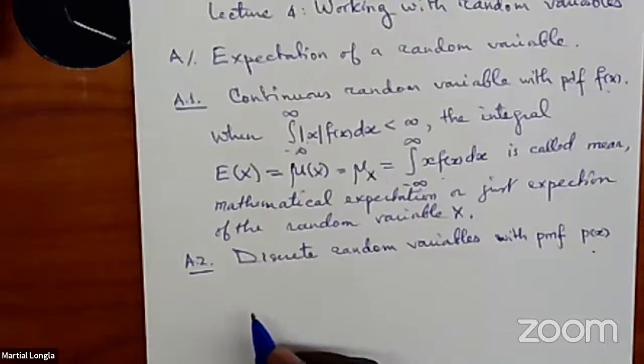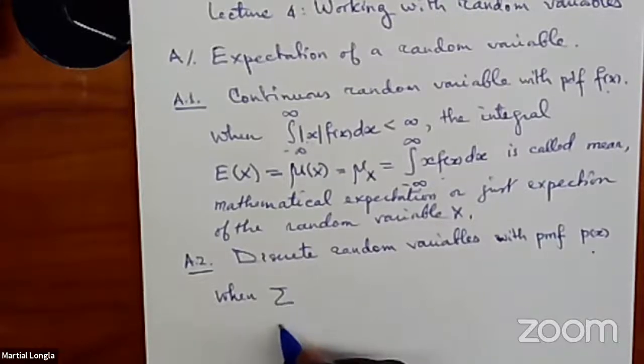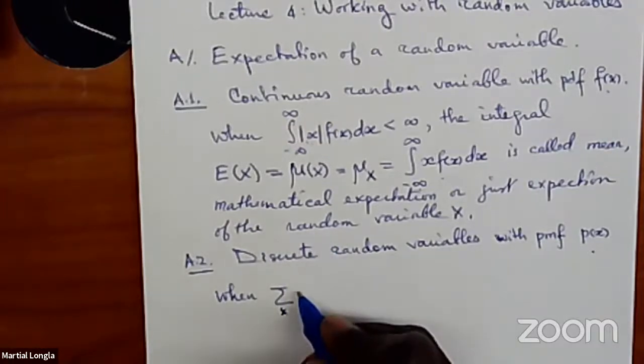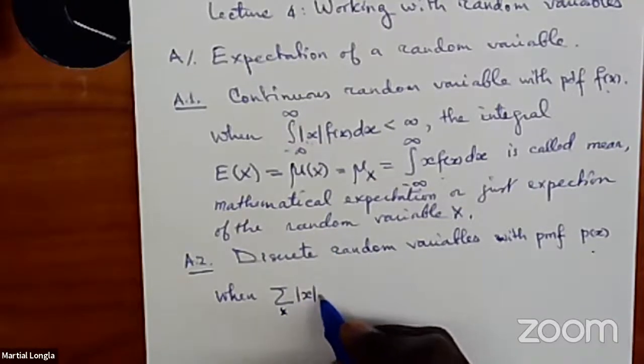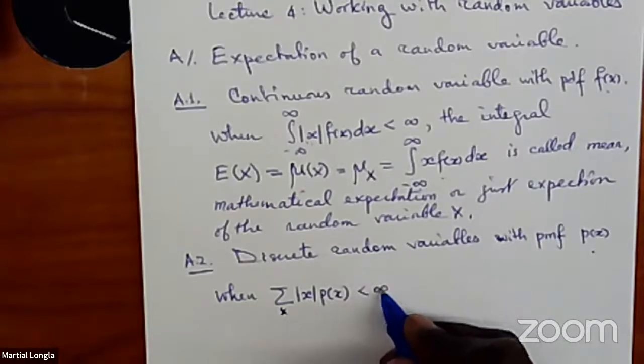So for discrete, we check the sum over all possible values of x of absolute value of x times p(x) is finite.